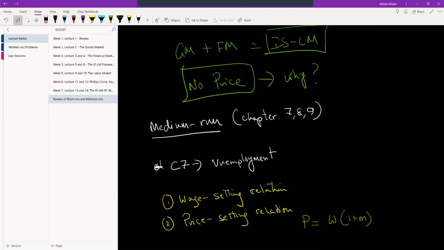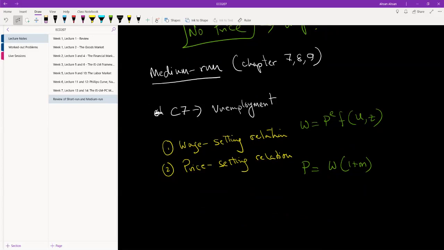The wage setting relationship was wage equals expected price times a function of unemployment. I think that was the wage setting relation.